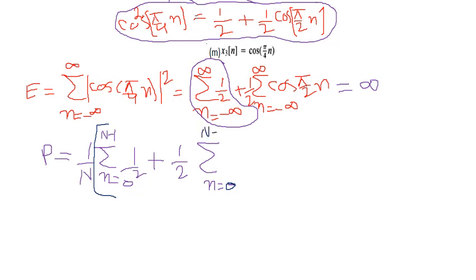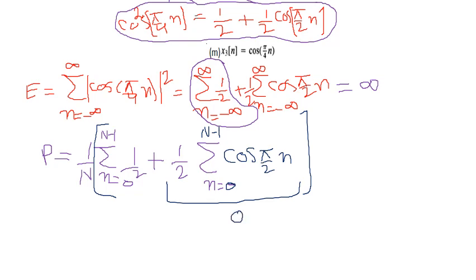So this is 1, and I get cos of pi by 2 n. Summing or integrating the cosine or sine over one period results into 0. So this is 1 by N, and summing 1 by 2 over one period is something like 1 by 2.